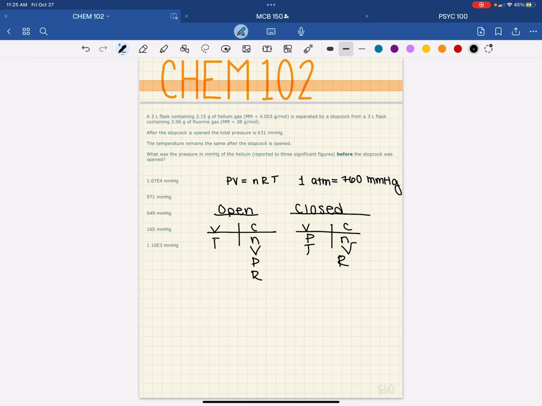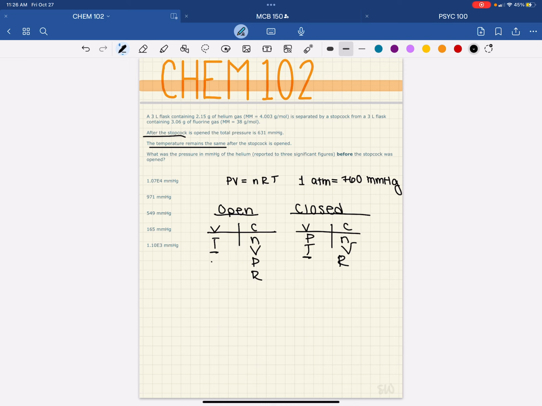So, because after the stopcock is open, the temperature remains the same, that means this T is equal to this T. I can solve for the T of the open system.